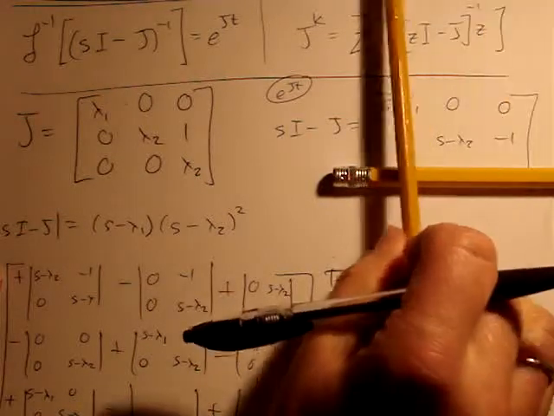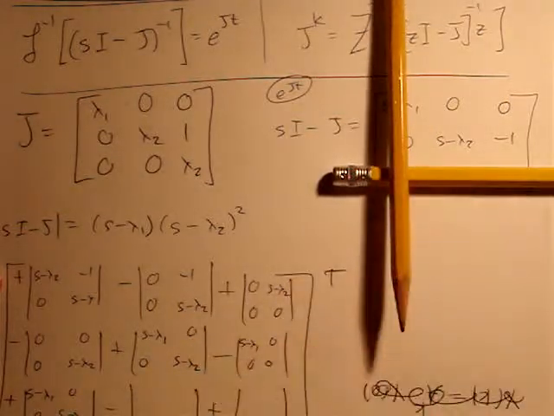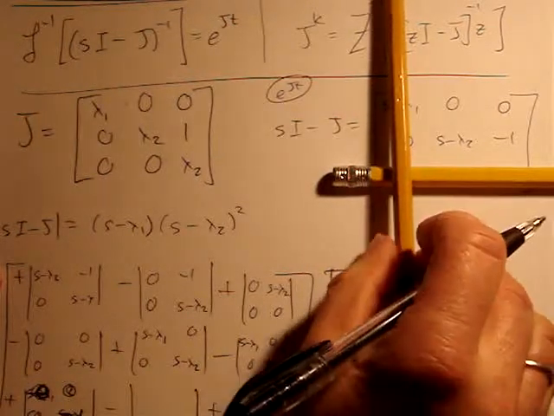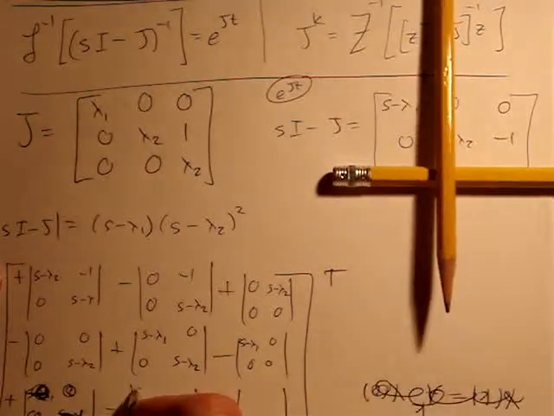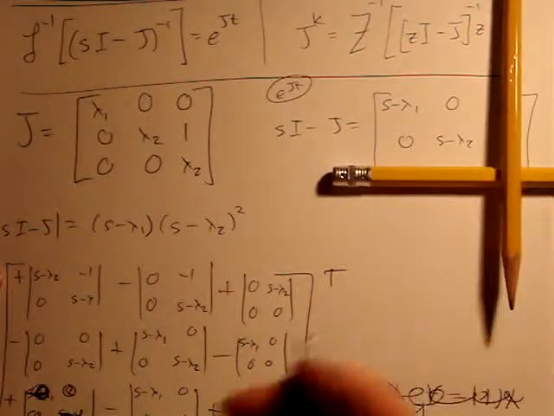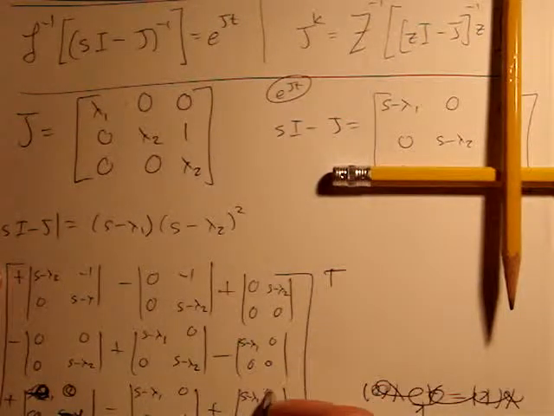Gotta move my pencil. 0, 0, s minus lambda 2, negative 1. Since it's got 2 zeros on the top, this one's going to be 0, so we won't worry about making it too neat there. This one, s minus lambda 1, 0, 0, negative 1, s minus lambda 1, 0, 0, s minus lambda 2.